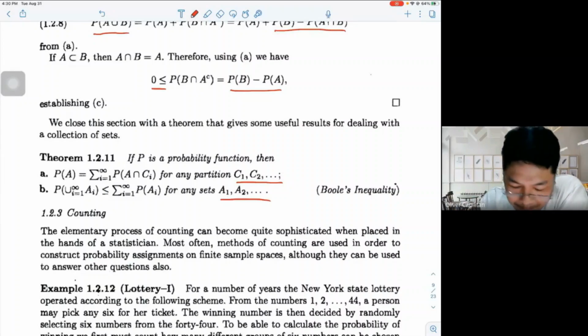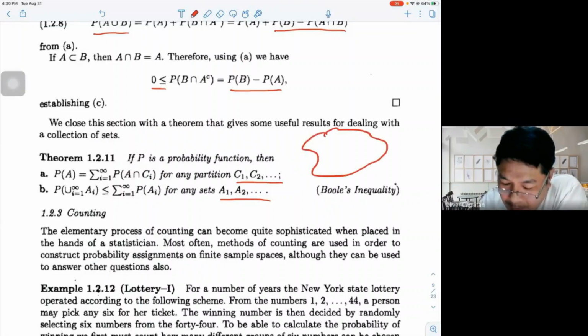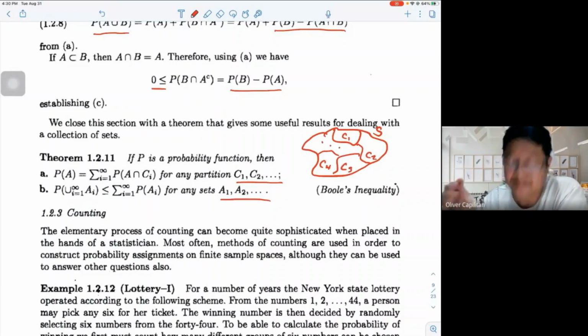Say, for example, for property letter A here, say this is our sample space S. And these are our events, C sub i. This is C sub 1, this is C sub 2, and then we have here C sub 3, C sub 4, dot, dot, dot.